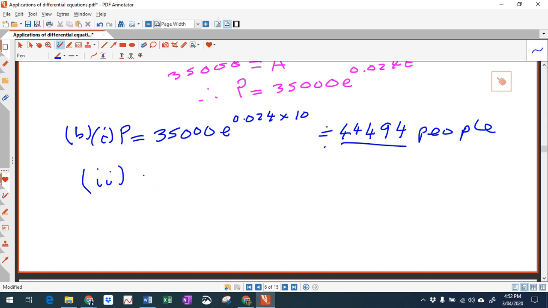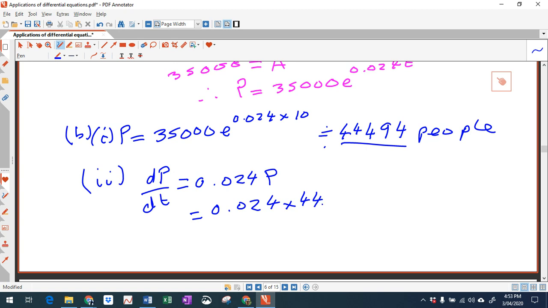And I know that the differential equation dP/dt is equal to 0.024 times by P. Just that's not a 6 there, that should be a 0. So if I want to know the rate of change after 10 years, I've just got to go 0.024 times by the population. Well, I'm actually going to use the exact figure from the calculator.